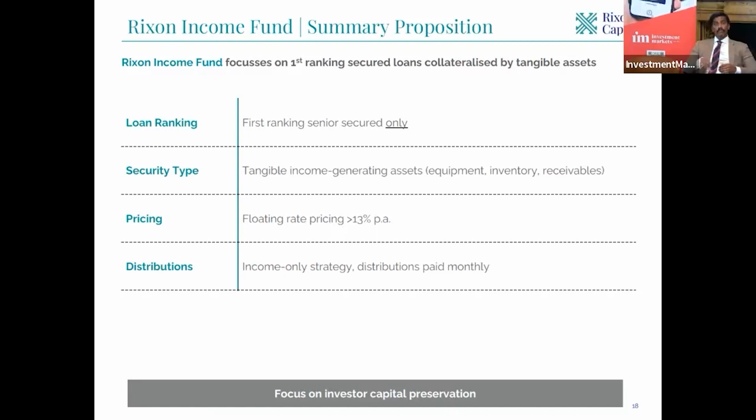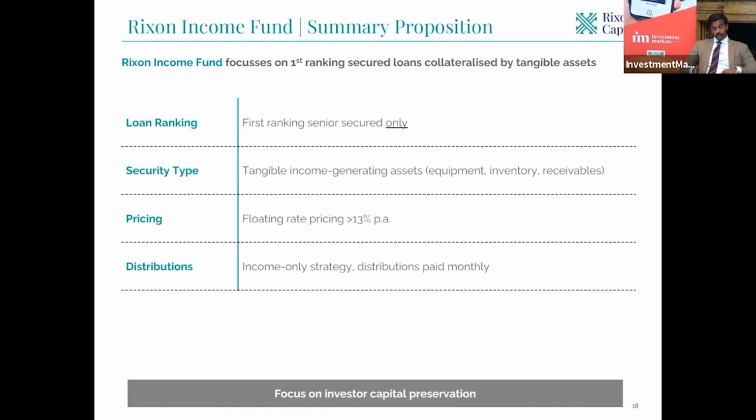We'll take a brownfields property as security, but by and large, we're finding a lot of demand in really high quality receivables. Because we focus on an underbanked $2 to $20 million space where the large funds don't play, we're able to extract what I call a scarcity premium. So our pricing starts at 14 to 16% per annum, and the fund has delivered regular returns of between 0.8 to 1.8% per month cash.